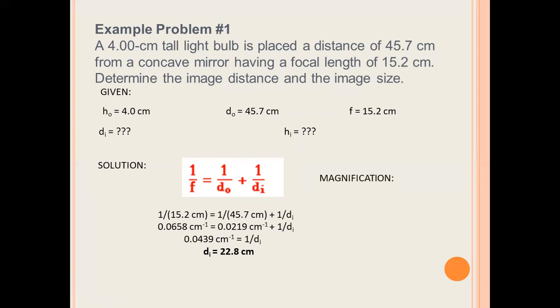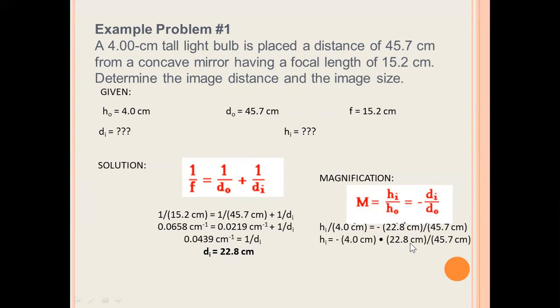For the magnification, we're going to use this equation to determine the height of the image. Our magnification m is equal to hi over ho, which is also equal to negative di over do. Plugging in the values, hi over 4 centimeters is equal to the negative value of the solved image distance, 22.8 centimeters, over 45.7 centimeters for the object distance.